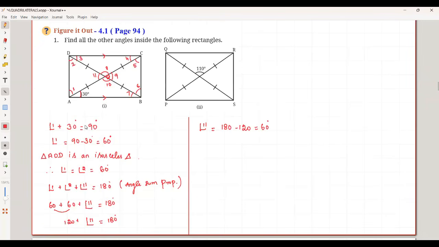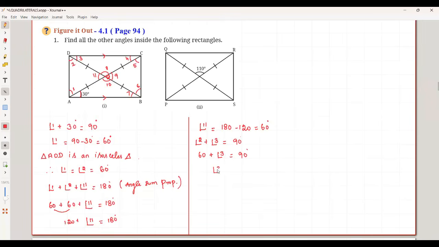So we got angles 1, 2, and 11. Now we have to find out angle 3. For finding angle 3, angle 2 plus angle 3 will be 90 degrees, because angle D is 90 degrees. So angle 2, which we got as 60 degrees, plus angle 3 is equal to 90 degrees.